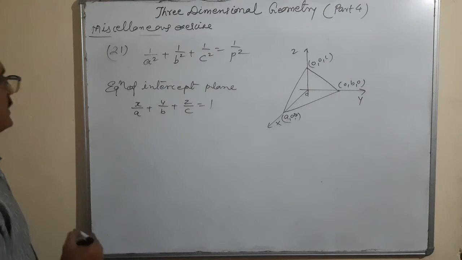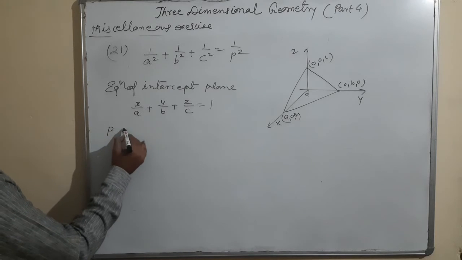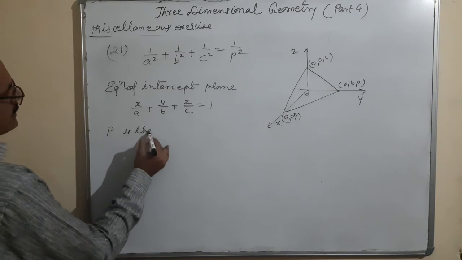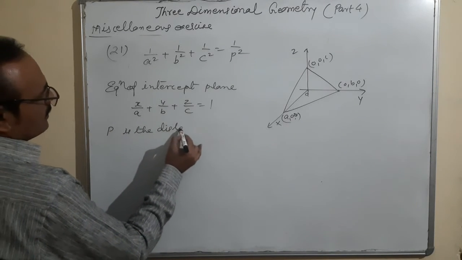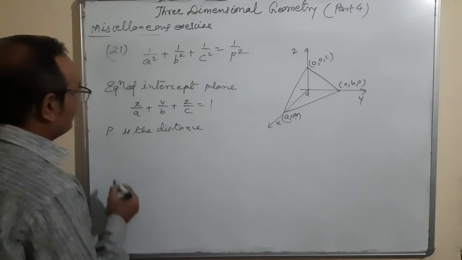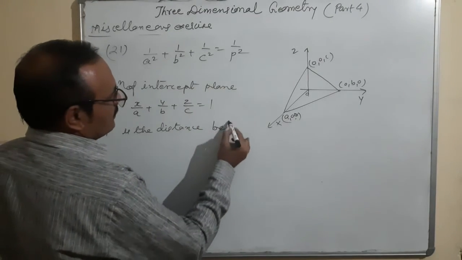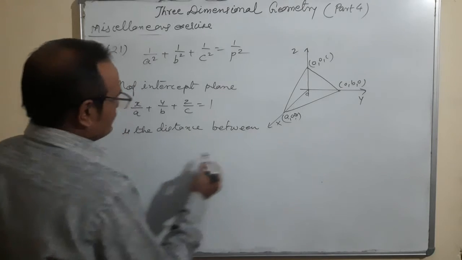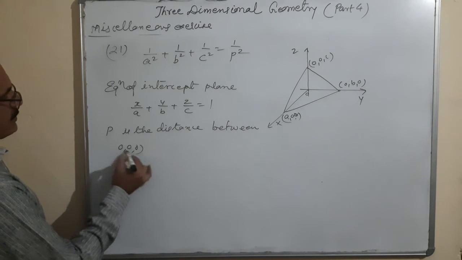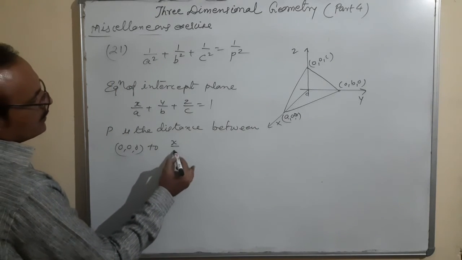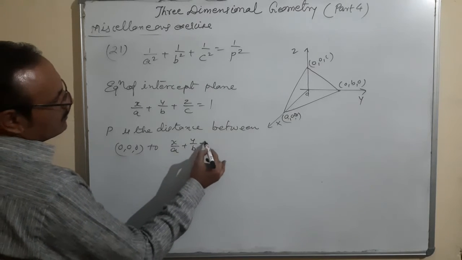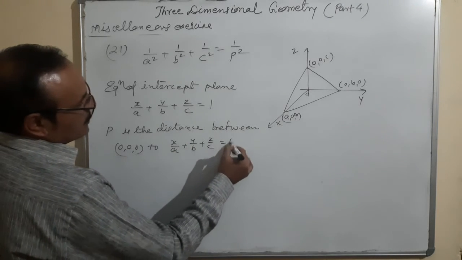Let p be the distance between the origin (0,0,0) and the plane x upon a plus y upon b plus z upon c is equal to 1.